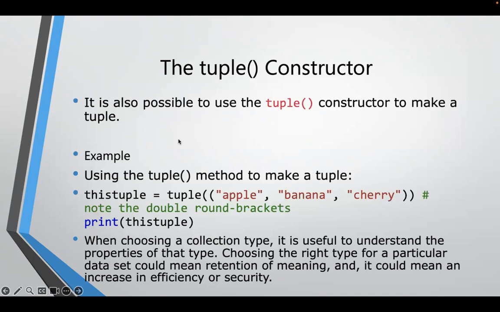So if you want to construct a tuple, we call it the tuple constructor. How do you do it? It is also possible to use the tuple constructor to make a tuple. Like we did with the list constructor, we can also have a tuple constructor. You will say my tuple is equal to tuple, and you open a parenthesis. Because any data you have, you can change it to whatever you want it to be. Let me show you what I'm saying here.